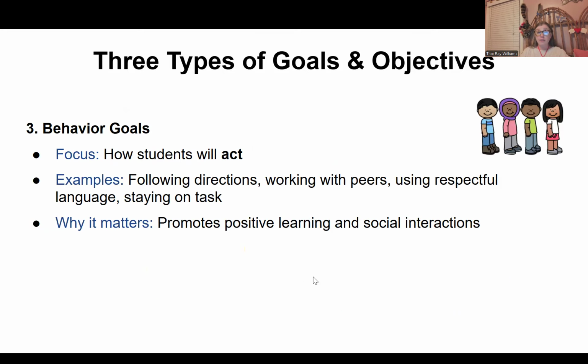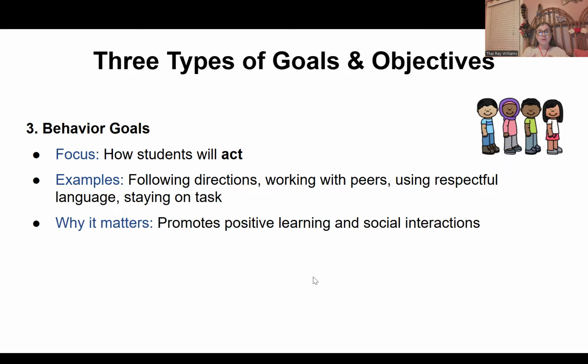Then you're going to have behavioral goals, and this is all related to how students will act. So we want them to be able to follow directions or work with peers or use respectful language or stay on task. Again, we're going to be very precise in the language we use. So we might not just say, follow directions. It might be that they're going to follow directions within 10 seconds of the direction being given.